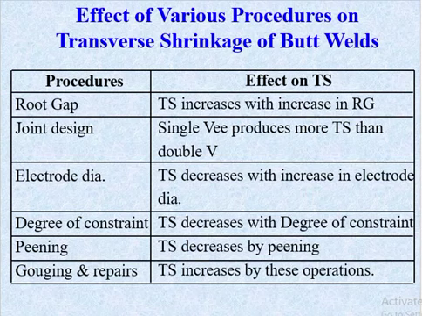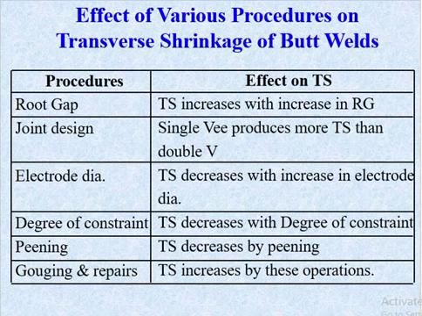Effect of various procedures on transverse shrinkage pattern. What is the effect of the various procedures? Root gap: TS increases with increasing root gap. Joint design: single V produces more transverse shrinkage than double V. Electrode diameter: TS decreases with increasing electrode diameter.